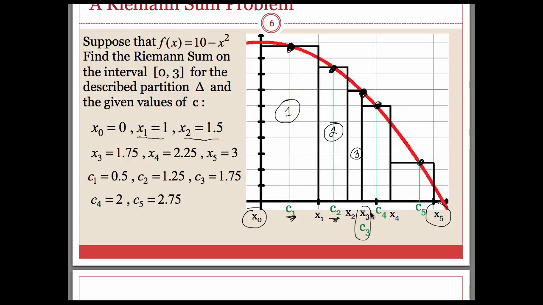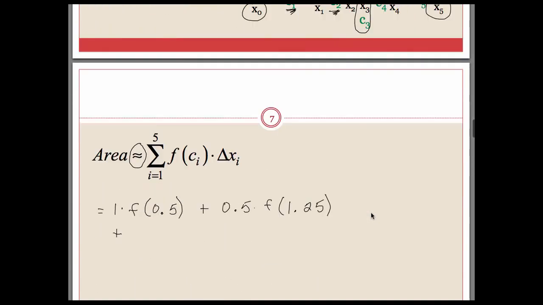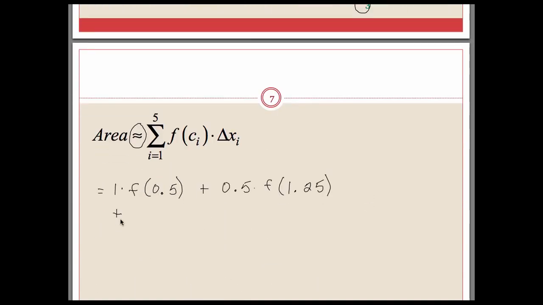So the height of that skinny rectangle we're going to get by substituting the c3 value, 1.75, into the function. So notice how it's not even consistent in terms of the placement of where the rectangle is hitting the curve, unlike what we saw with the left endpoint, right endpoint, and midpoint approximations. All right, so this is the skinny rectangle. It had a width of 0.25, and the height we're getting by substituting 1.75 into the function.